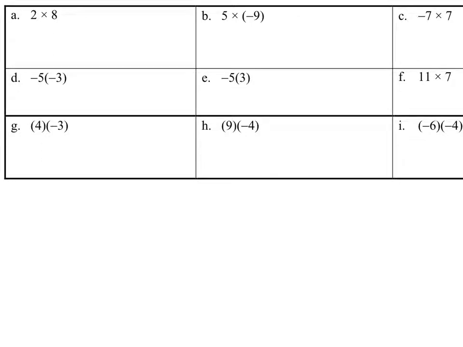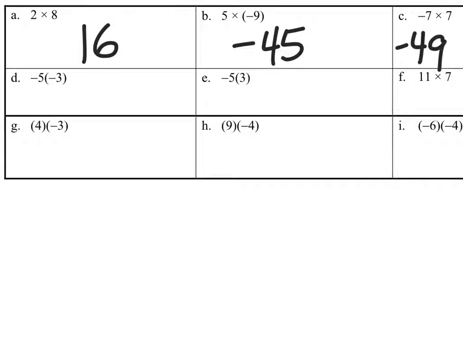Will someone tell us the answer to A, please? 16. Who will tell us the answer for B? -45. Nailed it. Who will tell us the answer for C? -49. And the answer for D? 15. Yes, correct. Positive 15, right?